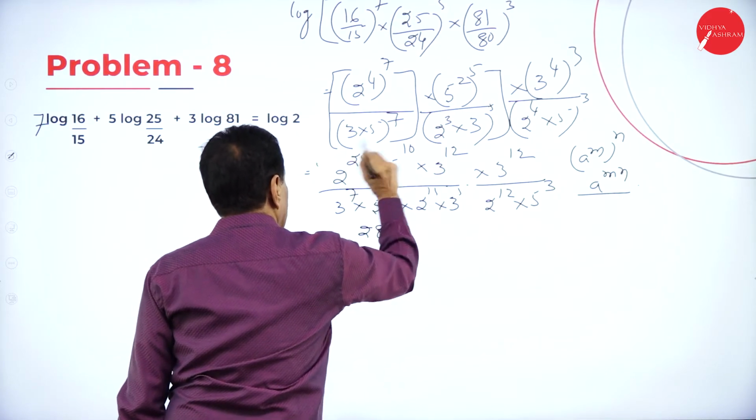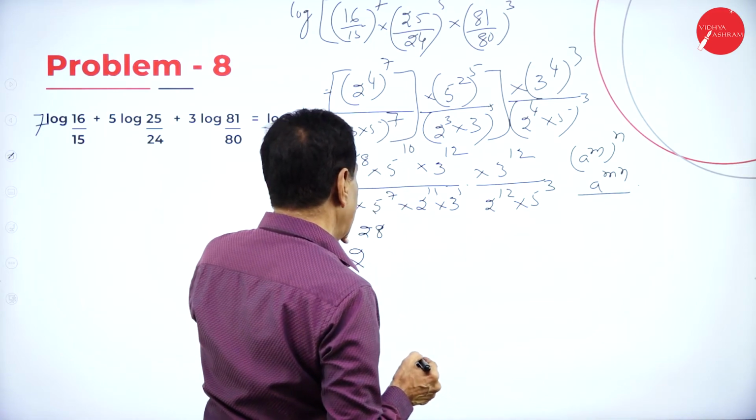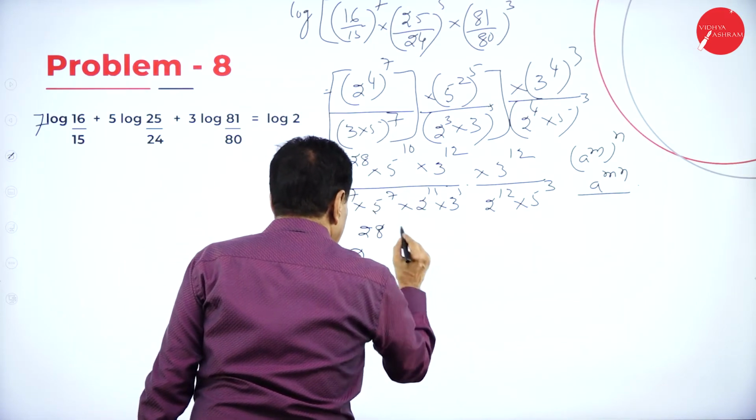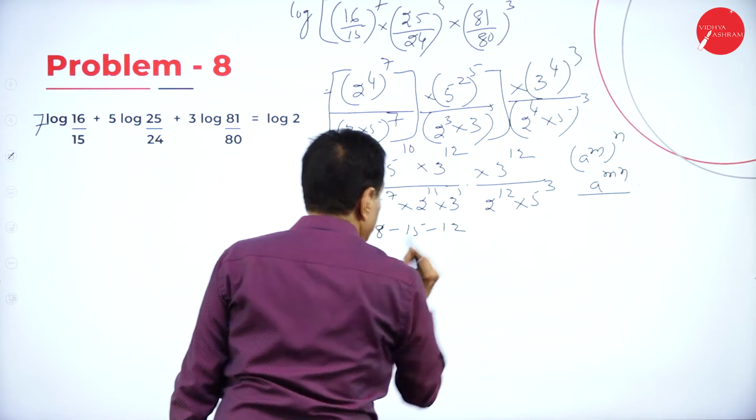Simplify. 2 into 28, I have taken 2. Come back, any 2 is there, 28 minus 15 minus 12.